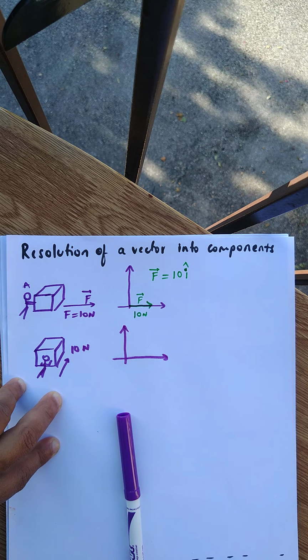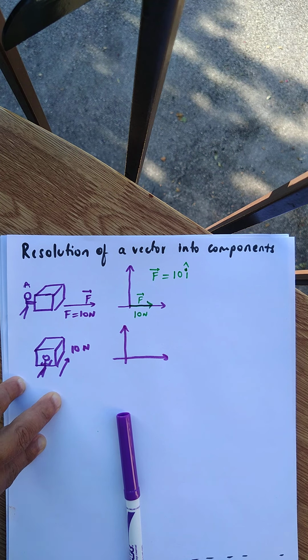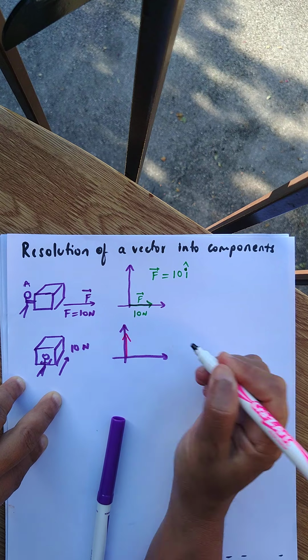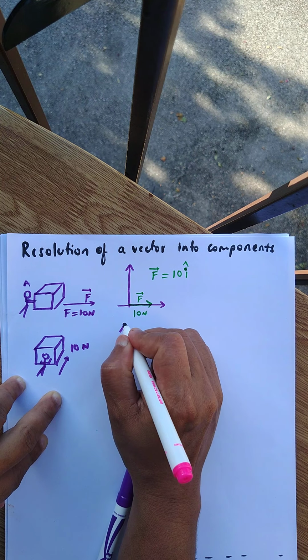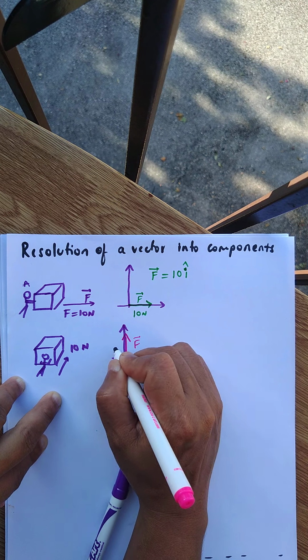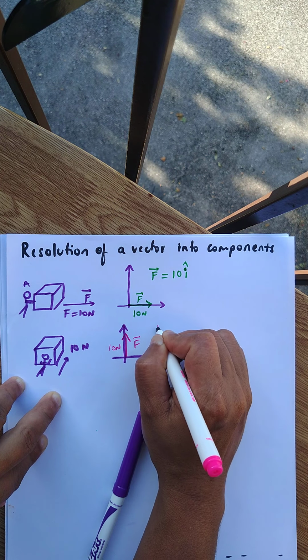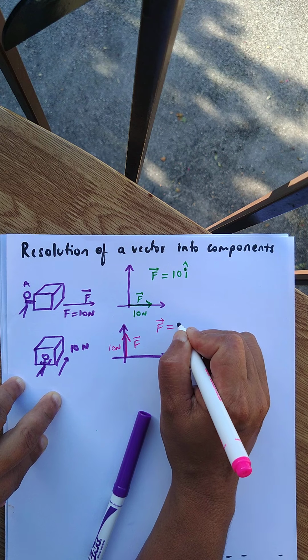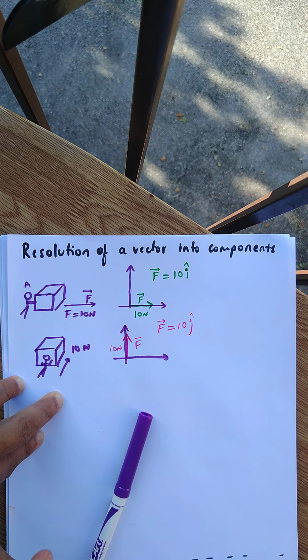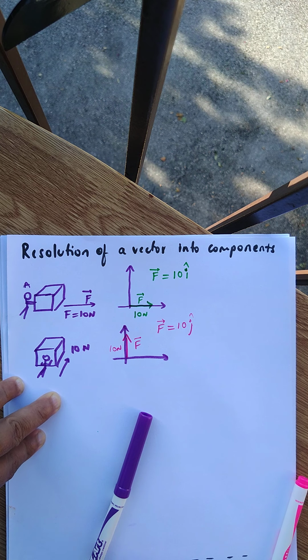Now the force on this coordinate system is along the positive y-axis. So vector F, say this is 10 Newton, and I will represent this as F is equal to 10 J cap. J cap is for the positive y-axis.